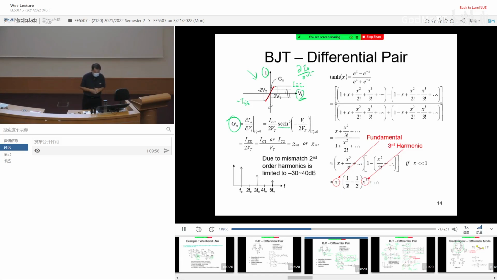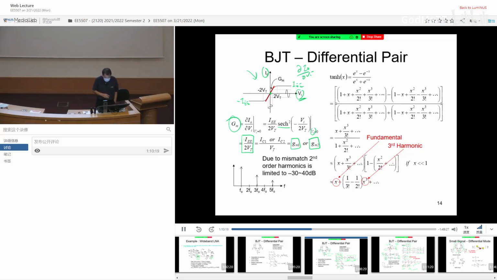That is the well-known derivative. We are only interested in the maximum gradient, which happens at Vi equals 0. So it turns out to be this constant term over here, and that would be the Gm for your BJT differential pair.